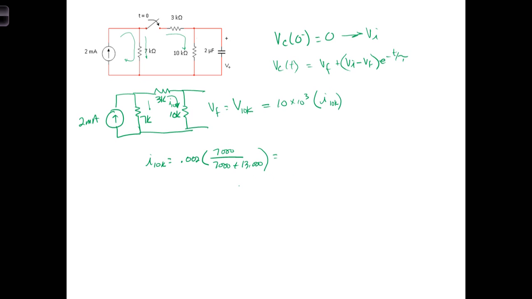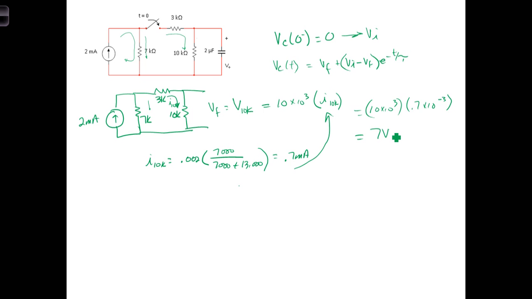And when we do that calculation, we get that it is 0.7 milliamps. So the V across the 10k is going to be 10,000 times I sub 10k, or plugging this in up here, we get 10 times 10 to the third times 0.7 times 10 to the minus third. That equals 7 volts. Our final voltage is 7 volts.